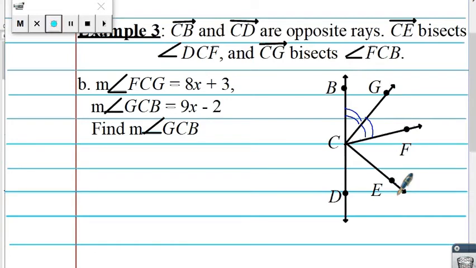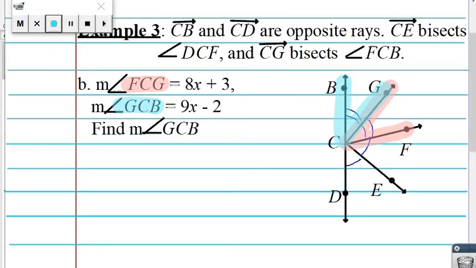Now this time they're talking about angle FCG, which we said is this guy. And then we have the measure of angle GCB, which is this guy. So it's two different angles, but it's the same scenario as last time. We have two angles that we know to be congruent.